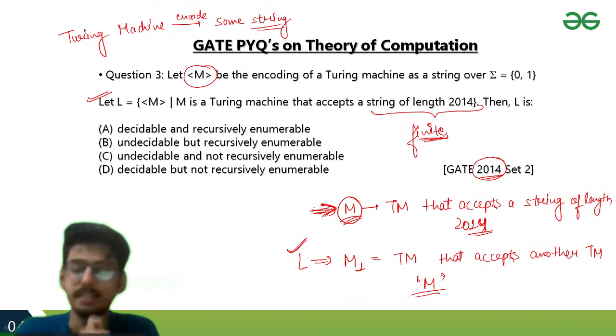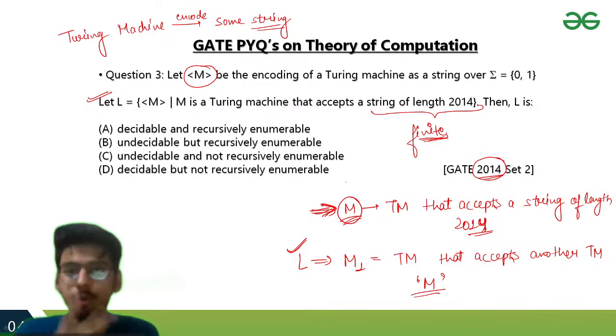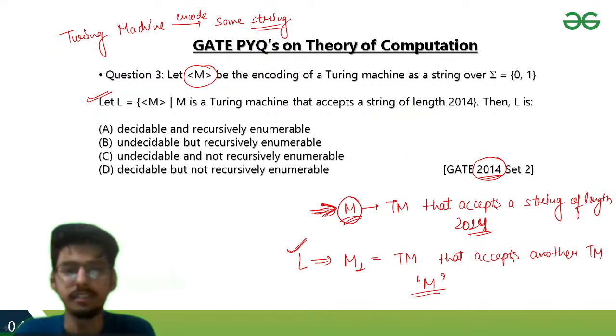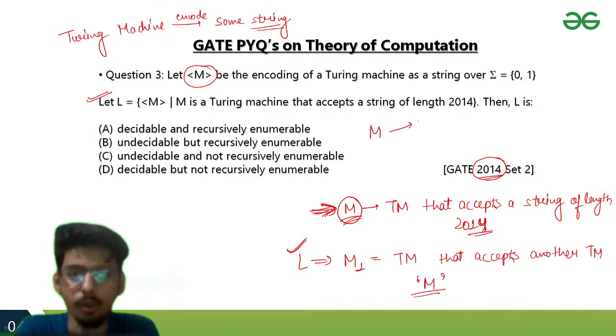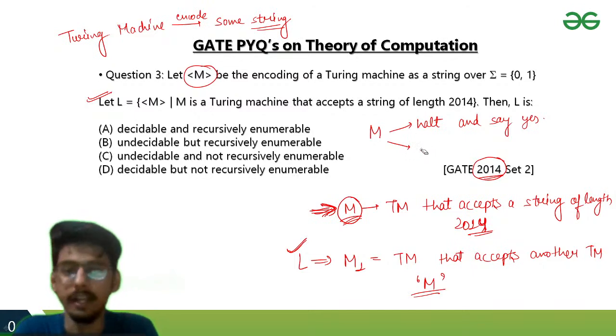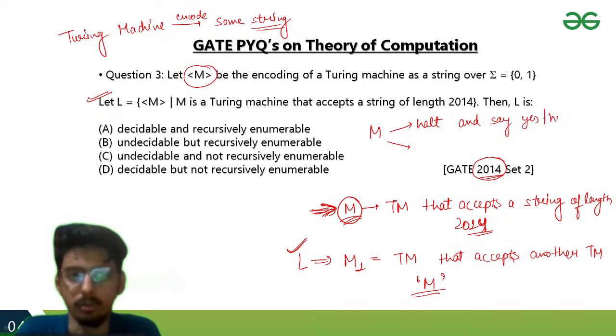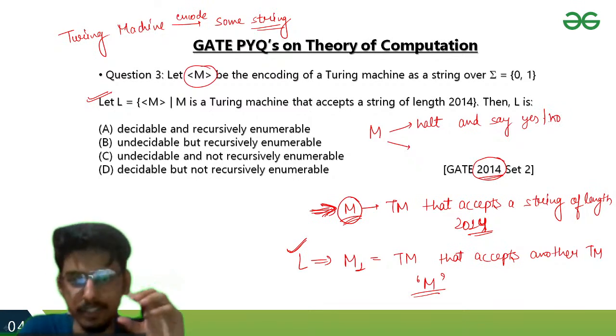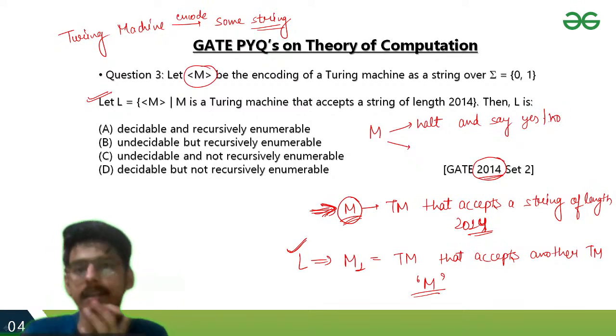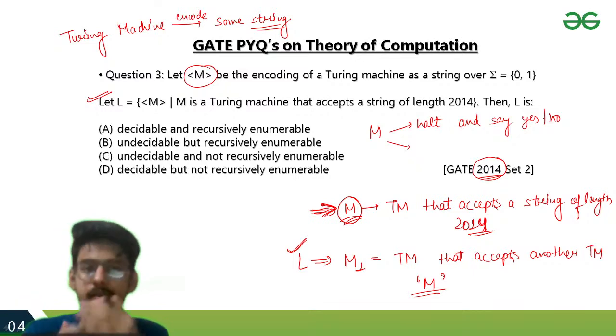Now this Turing machine, which is accepting a string of length 2014, will have two options. Let me write over here. This M will either halt and say yes or no. If you give something to the Turing machine, either it is going to halt and say yes, I accept this string, or it is going to reject the string.